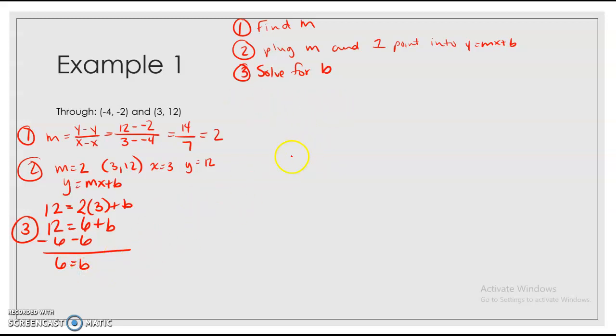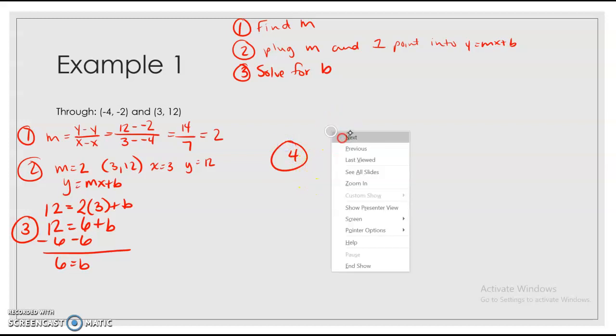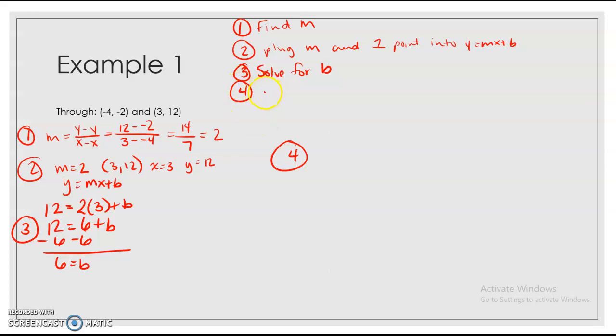Step 4 is to rewrite the equation as y equals our mx plus our b.